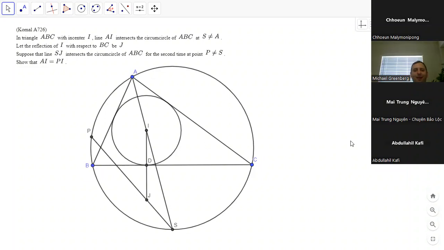Right? It seems like it should be like a well-known fact or something. But I'm not sure.